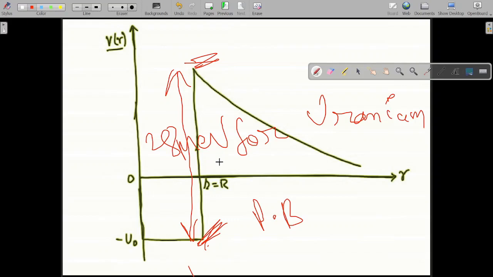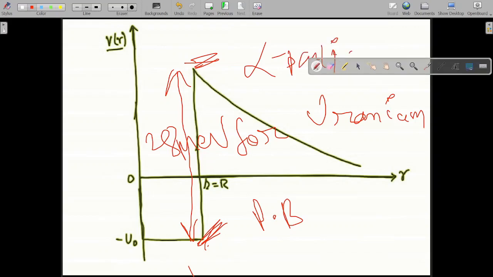But in reality, it is found that an alpha particle never has this much energy.